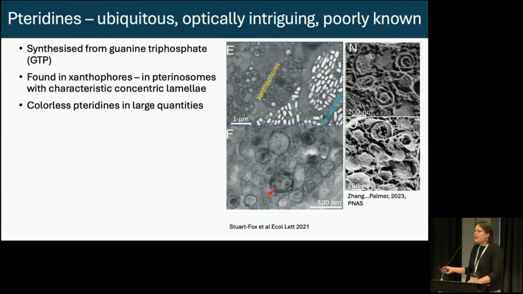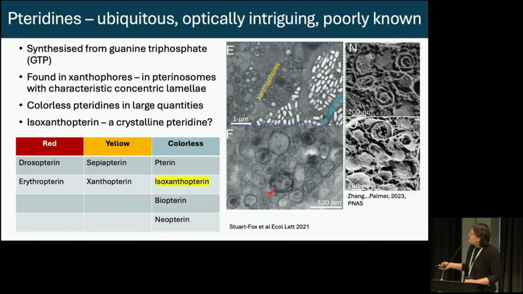What's intriguing about them is that they not only include coloured pigments like drosopterin, which is named for giving Drosophila its red eyes, but they also include a large number of colourless compounds that are found in really large quantities in the skin of many of these vertebrates, and in quantities much larger than you'd expect from their known metabolic roles.